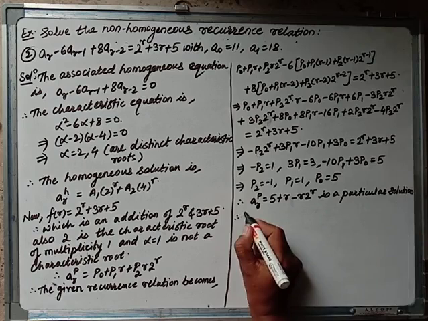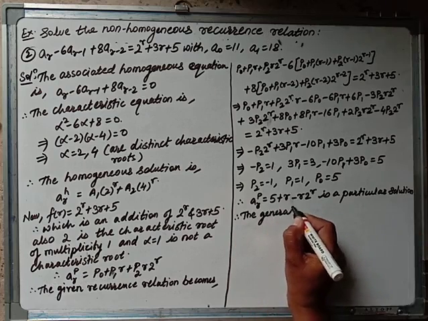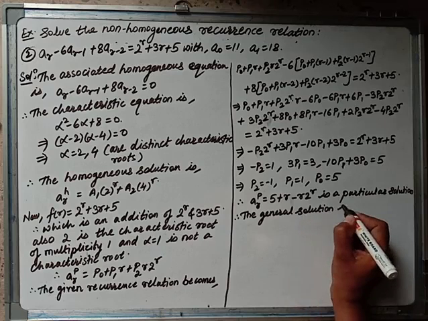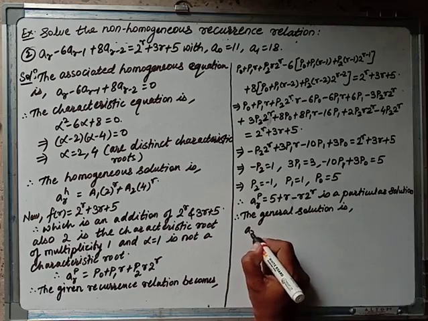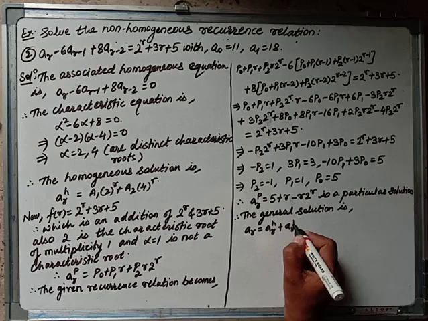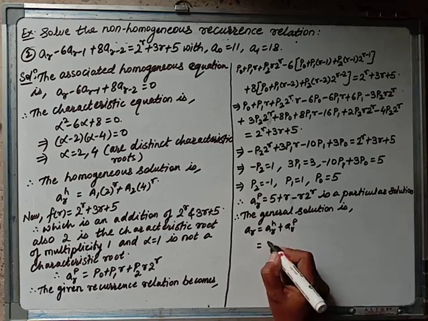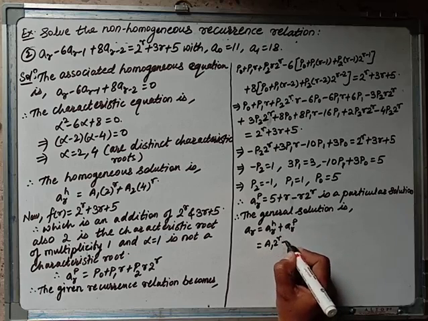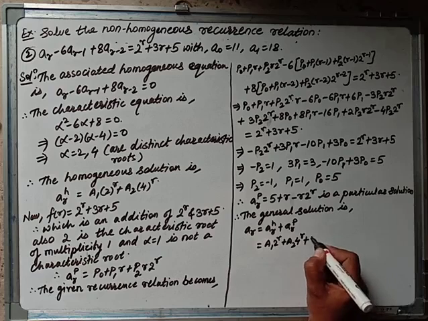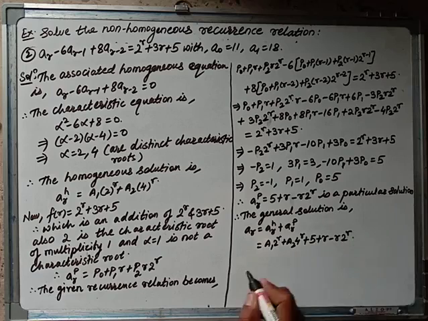Therefore, the general solution is a_r is equal to a_r homogeneous plus a_r particular. So it is A1 2 raised to r plus A2 4 raised to r plus 5 plus r minus r 2 raised to r.